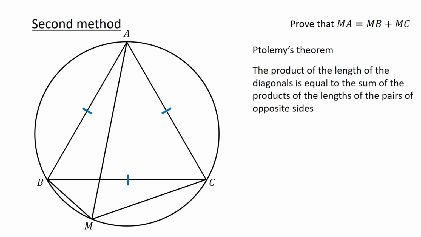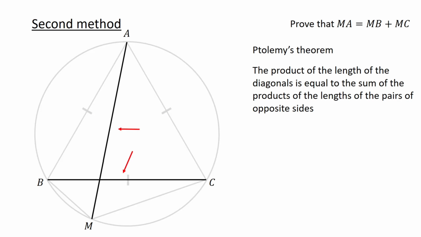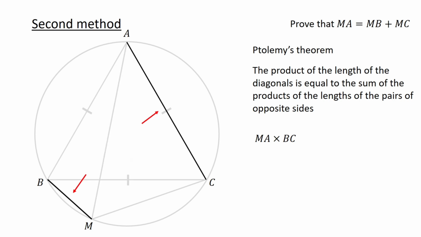For our case, the diagonals are the line segments MA and BC, of which the product of their lengths is MA times BC. One pair of opposite sides is MB and AC. The product of their lengths is then MB times AC.